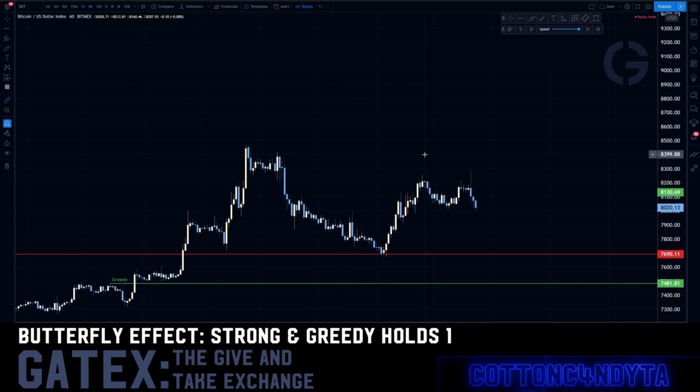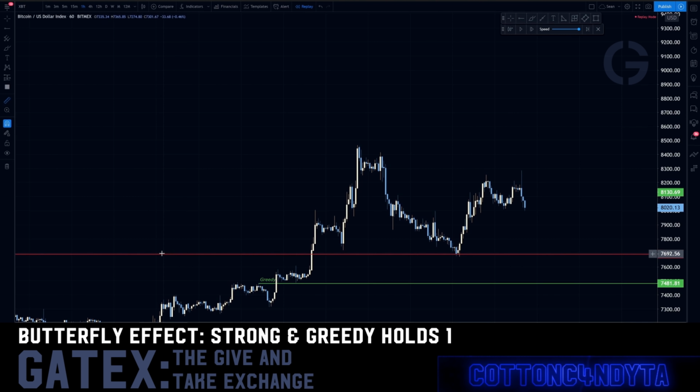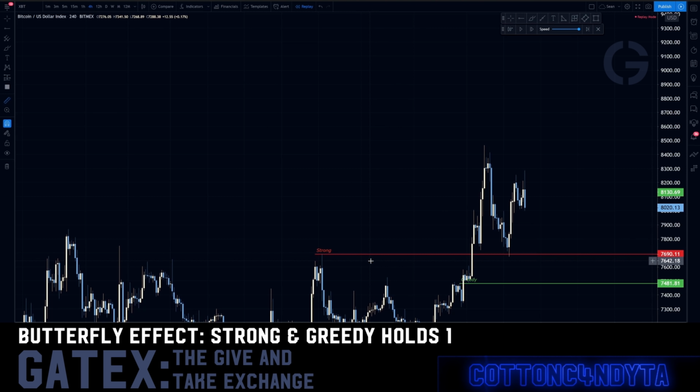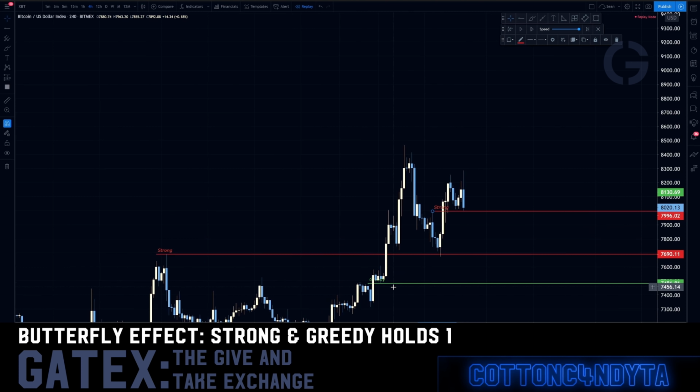And then inside of this move, you would have the same kind of hierarchy. So we're going to go back to this level here, and we're going to pick this one here. You're going to have the same type of hierarchy inside of here. You're going to have a strong level here, which gets hit and tested, which bounces the move, and then a greedy level inside of here.